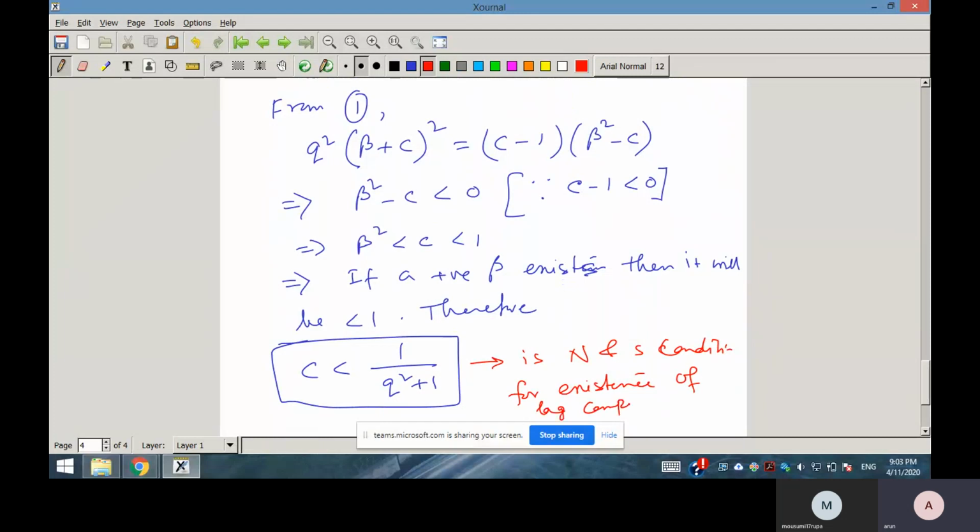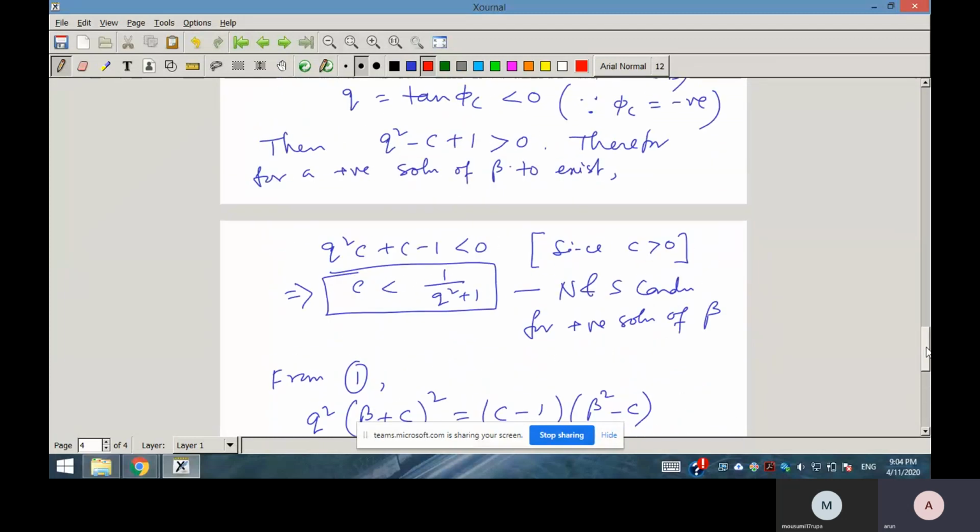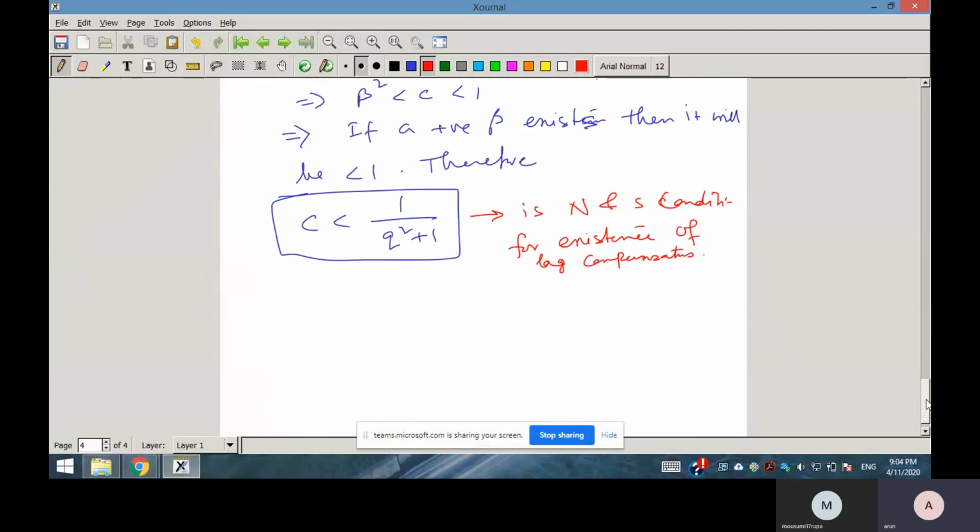Lag compensators. Compensators and controllers are the same, only the terminologies are different. Sometimes it is also called a filter in the signal processing context. So this is the situation. Now suppose you have found beta, so what are the steps?